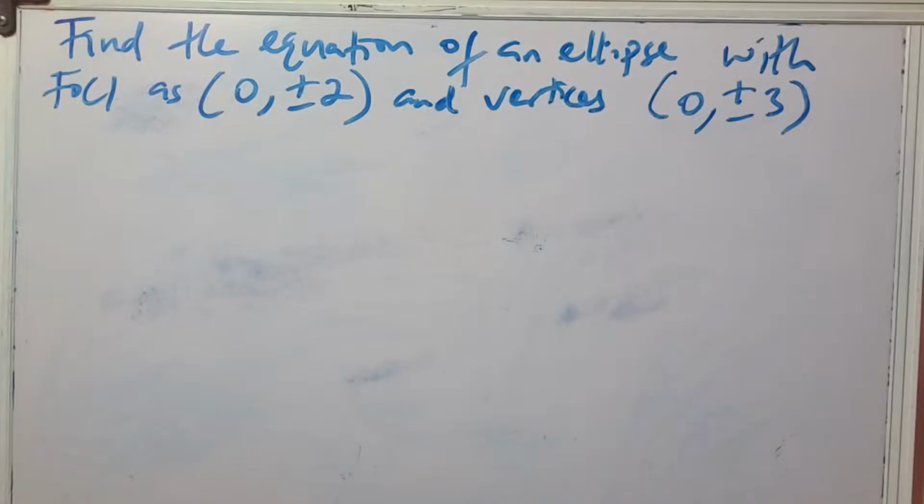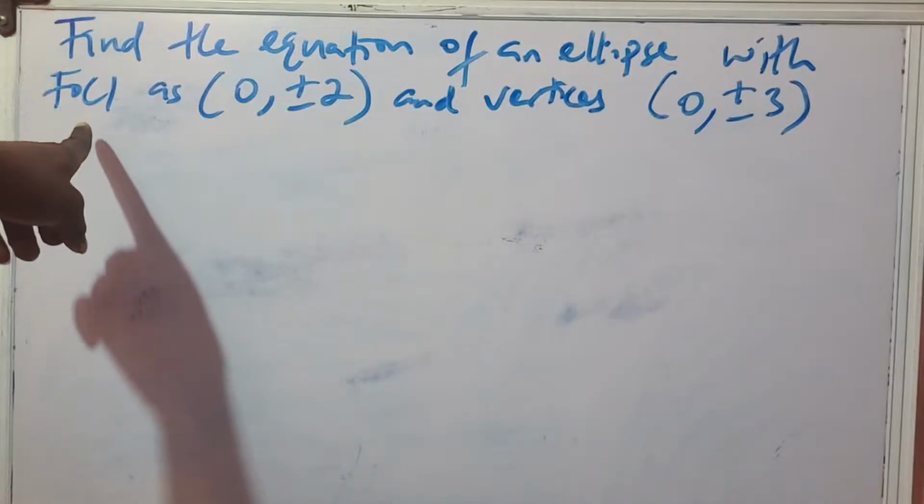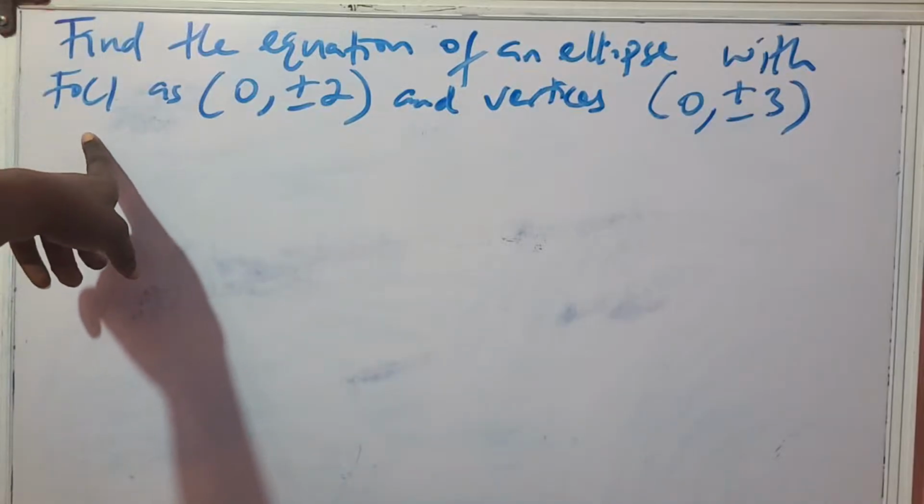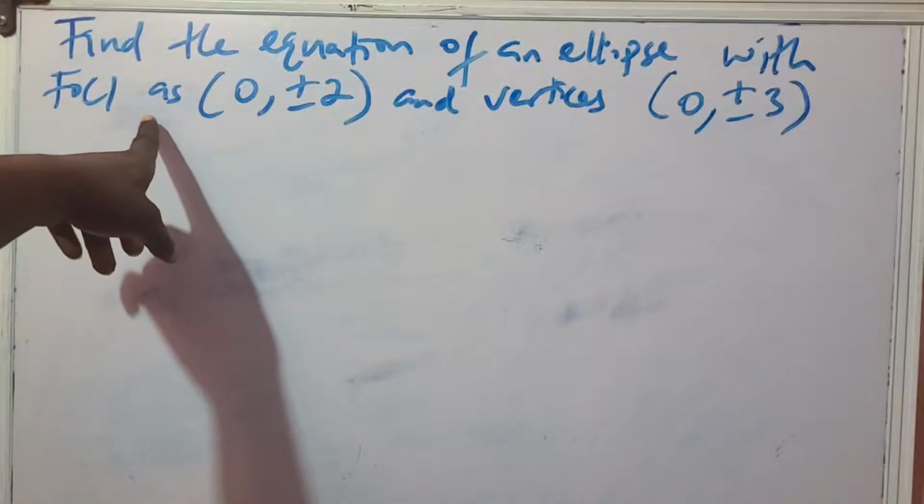I love that. Now, let's do this very quickly. This is a very important question, so please pay attention to it. We are told to find the equation of an ellipse, and the ellipse has the foci. This is the reason why you need to understand the concept around foci very much.